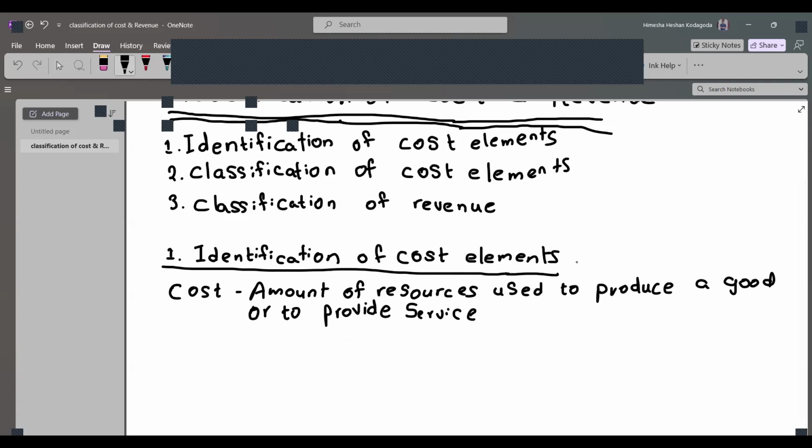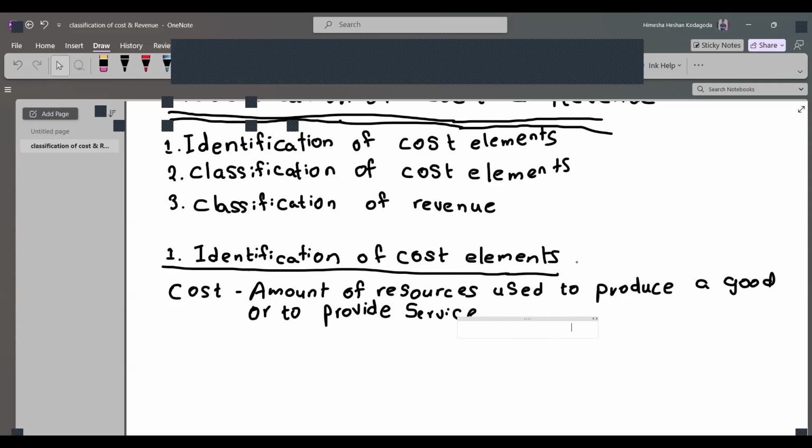Now, concerning the contribution to different costs, we need to calculate the total cost. Total cost can be divided into elements by considering the contribution to different costs.